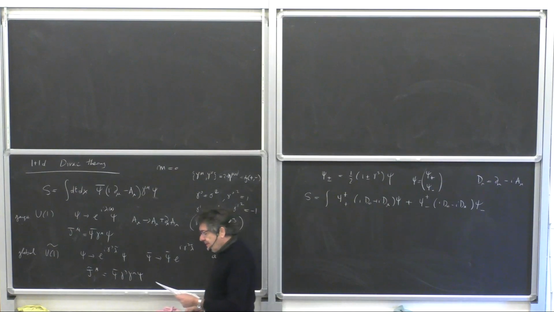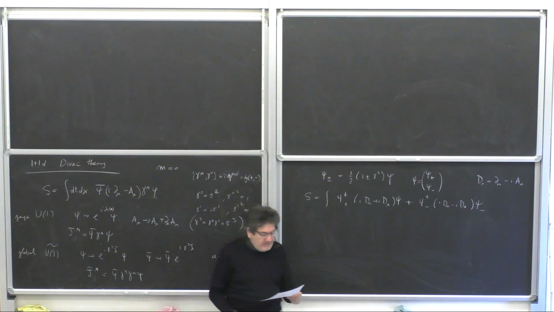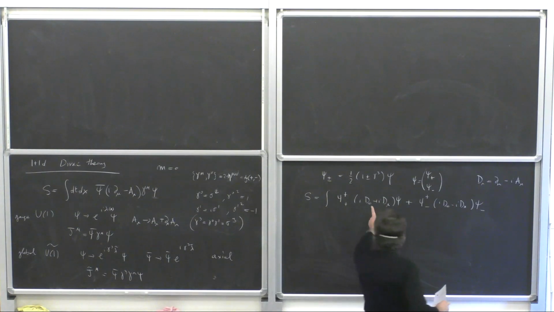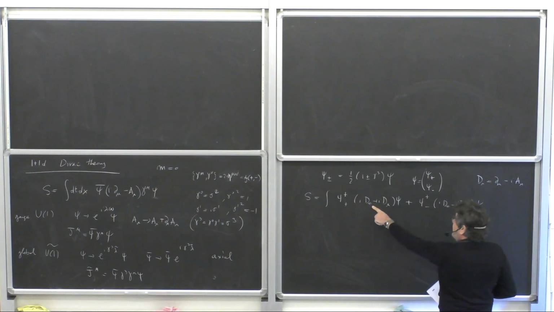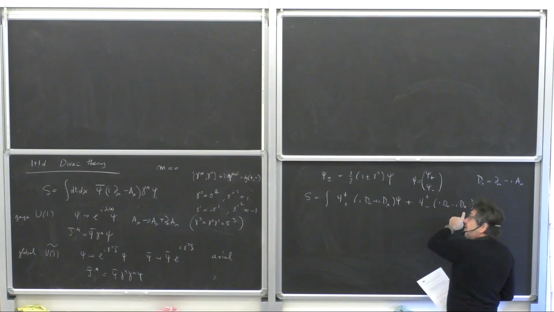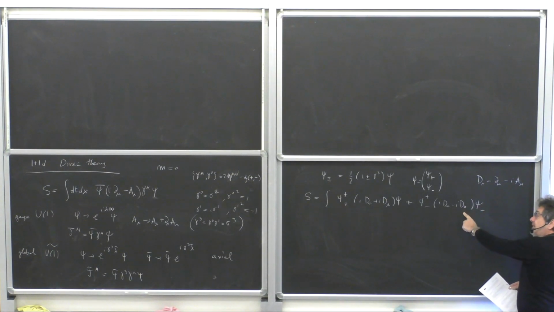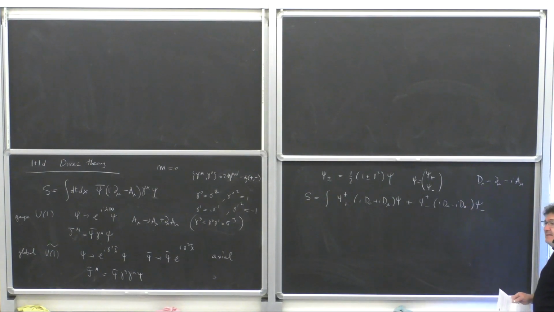In fact, these two parts are left moving and right moving, because you see this is dt plus dx and this is dt minus dx. So they are two components that are kinematically different. One is a wave going in one direction, and one is a wave going in the other direction.